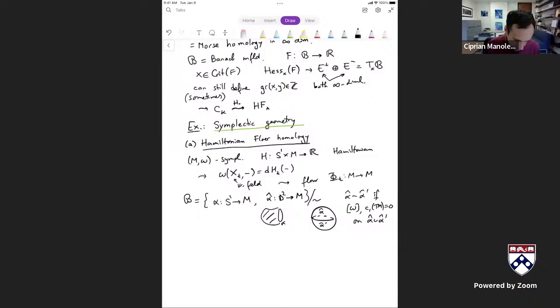This allows us to define the area functional. It's given by some formula, the integral of H_t of alpha of t, minus the integral over the disk of alpha star of omega. This is called the area functional.